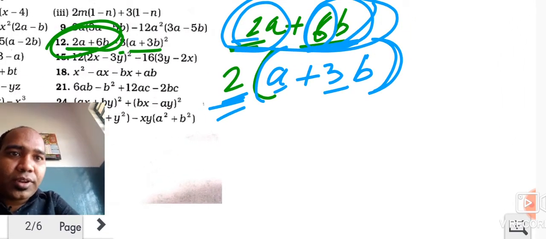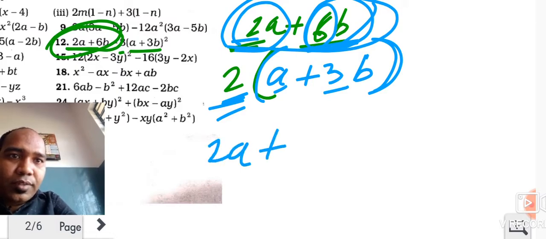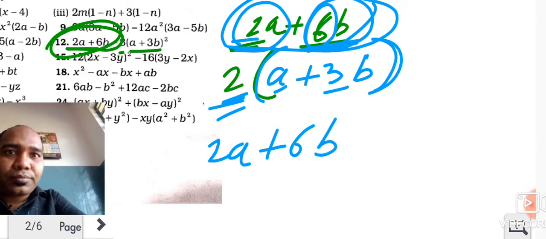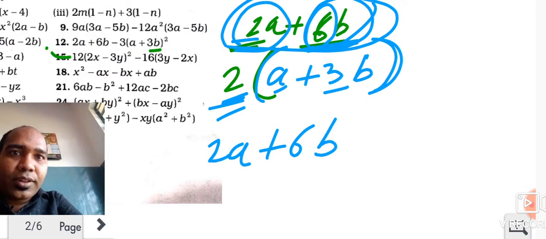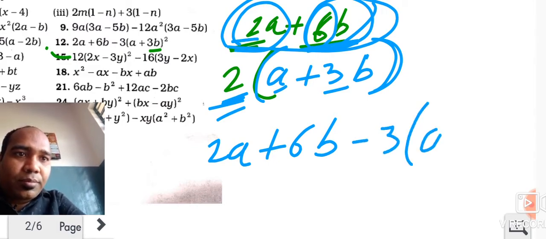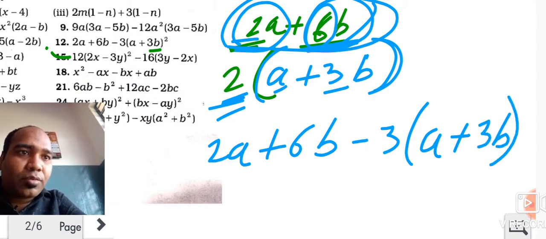The whole question is given as 2a plus 6b, then minus 3, then a plus 3b whole square.